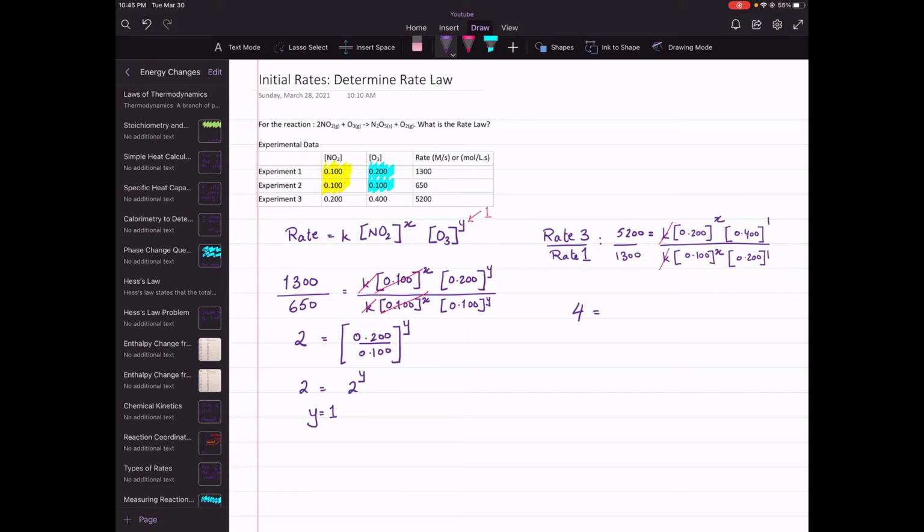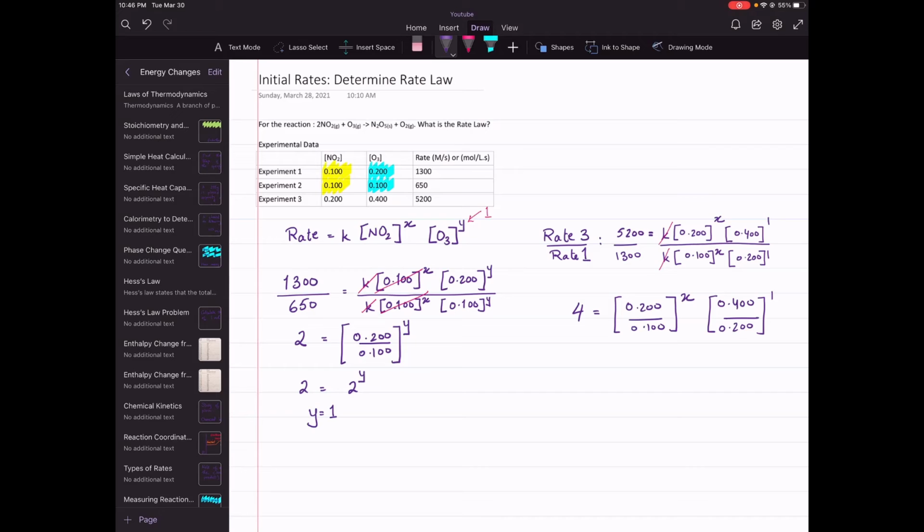is equal to 0.200 divided by 0.100 to the power of x, and 0.400 divided by 0.200 to the power of 1.